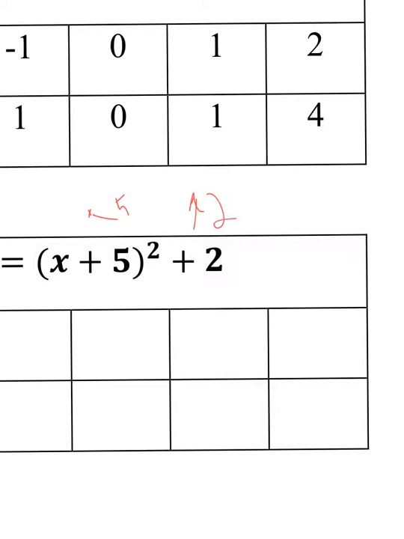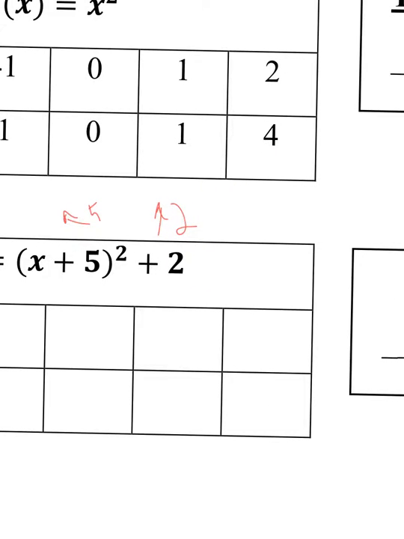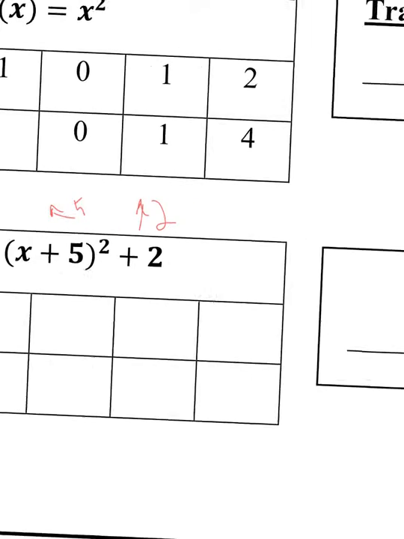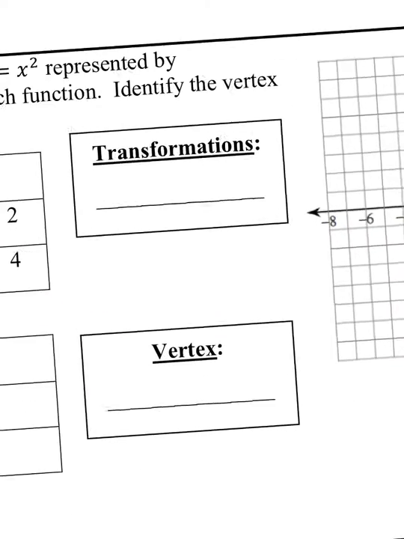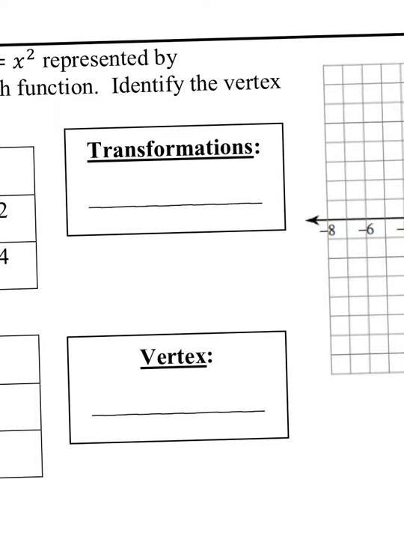Just making a quick little note of that there, but then I'll rewrite it over in the box. My vertex, since it went left 5, is at negative 5. You reverse the sign on it, so negative 5, positive 2. So left 5, up 2, negative 5, positive 2.